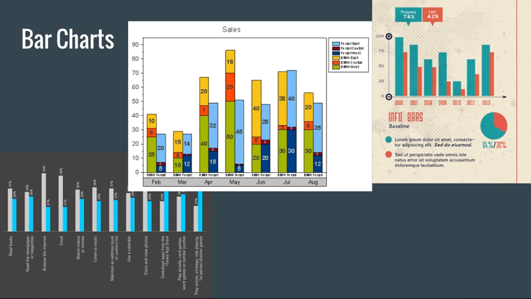It shows relationship among things and also change over time or change over groups. Here we have in the middle what they call a stacked bar chart. And that's when you have the regular bar with different colors inside showing sort of parts of a whole. So the one column would be the whole, and then the different colors inside of each column would be parts inside of it.